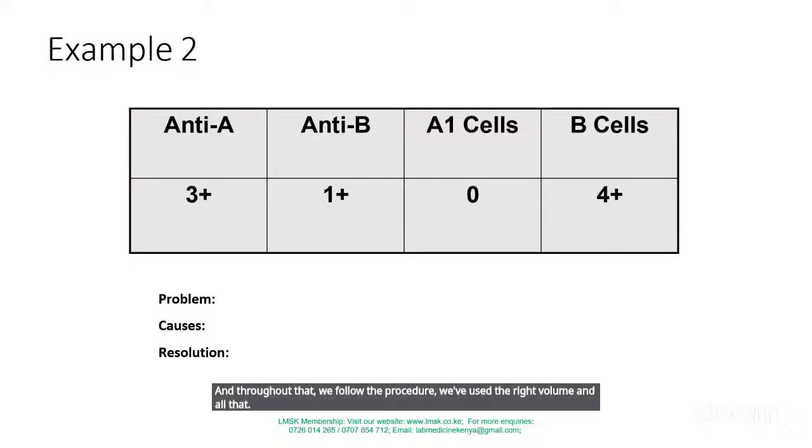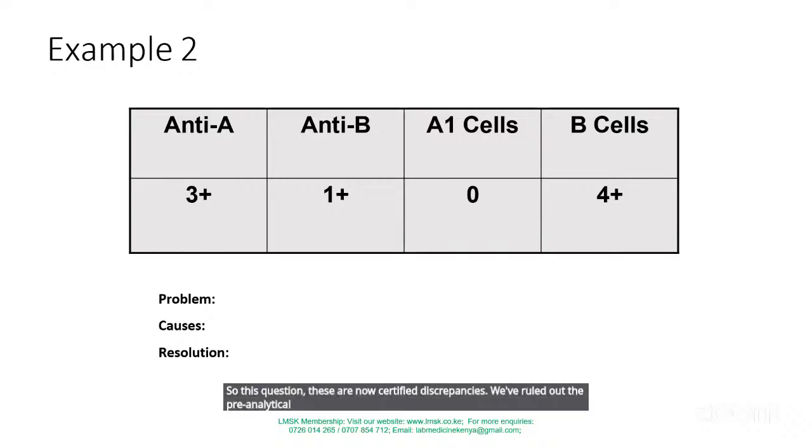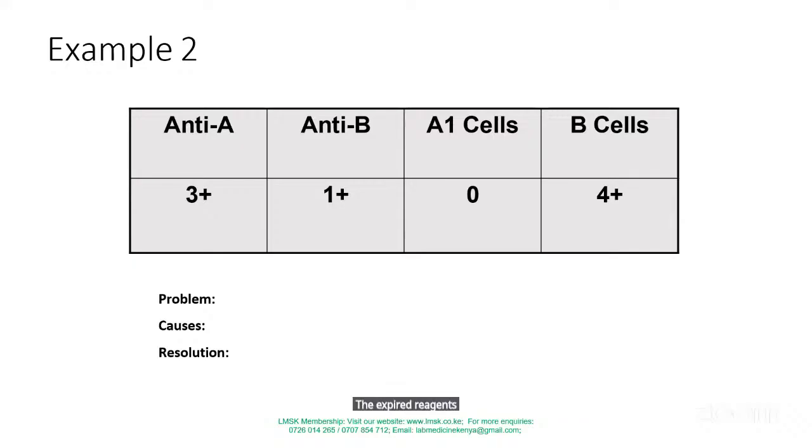Then if you do that and it is still discrepant, that's where you are now dealing with ABO discrepancy. So this question, these are now certified discrepancies. We've ruled out the pre-analytical error. We've ruled out the insufficient samples. We've ruled out the expired reagents. We've ruled out the mislabeling errors.